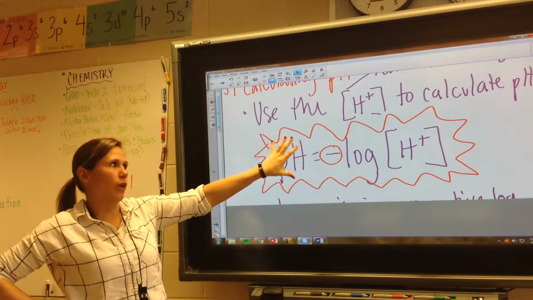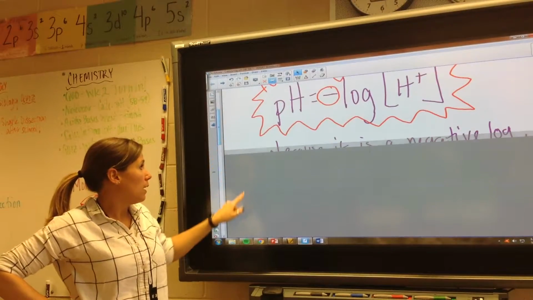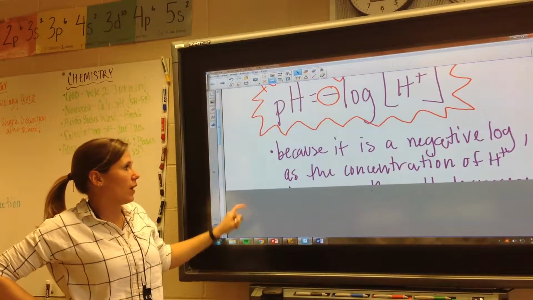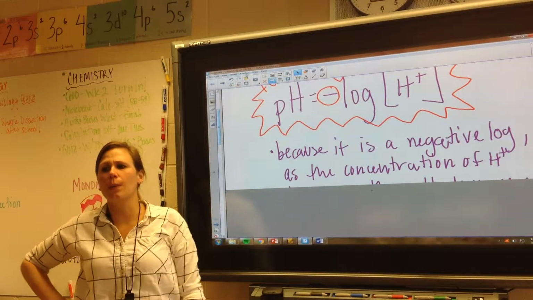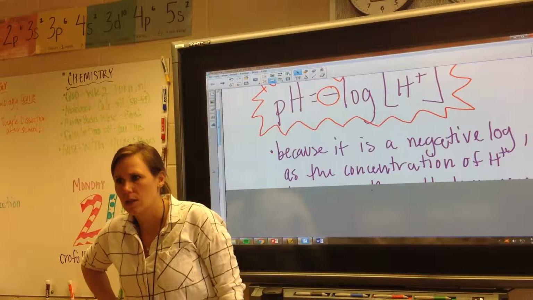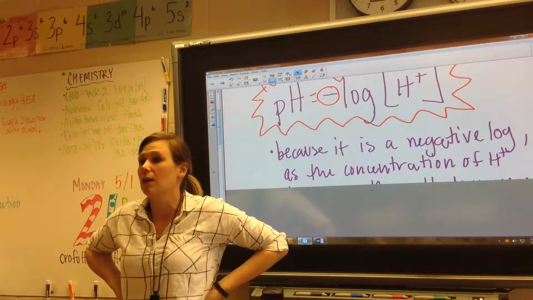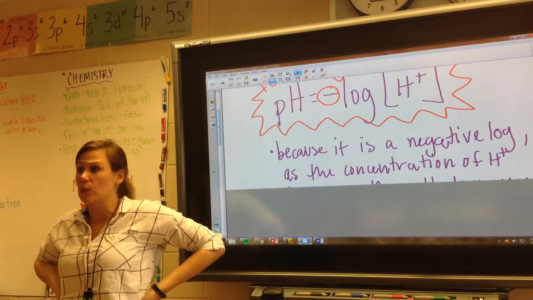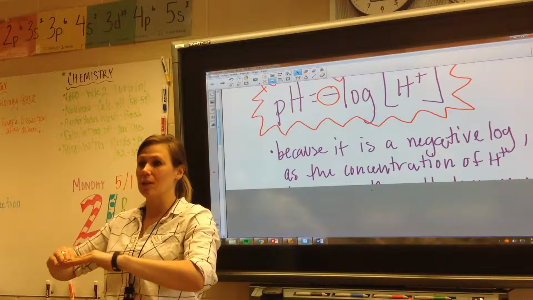All right, so easy enough. You will use this whole formula for the rest of calculating pH. Because it is a negative log, as the concentration of H plus increases, what happens to your pH? Think about it. It's going to decrease, right? The more acid we have, the more of that H plus we have, therefore the lower our pH is going to be.